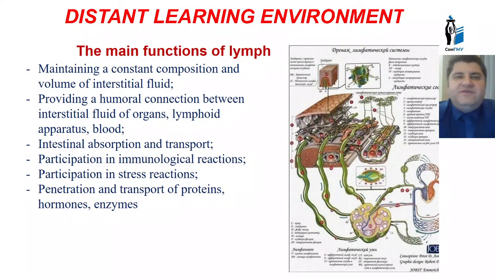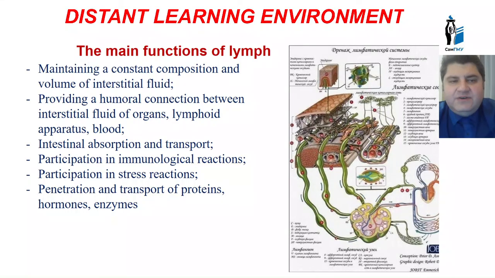Let's talk about the main functions of the lymphatic system, and you may read these main functions here. First is maintaining a constant composition and volume of interstitial fluid. Second function, providing a humoral connection between interstitial fluid of organs, lymphoid apparatus and blood.